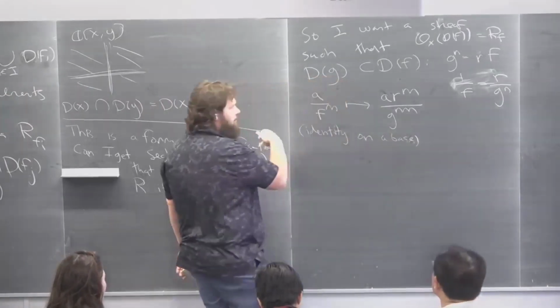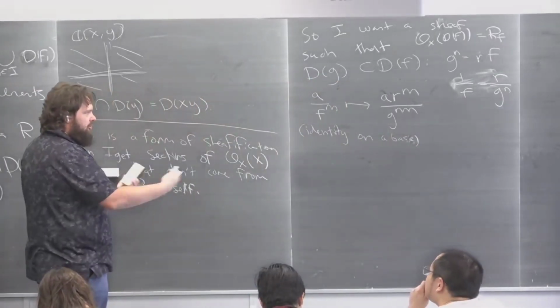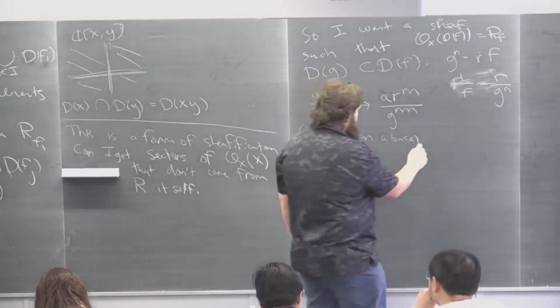I'm going to write everything in terms of DFs and DGs, but this is all just general stuff about if you have a base of the topology.